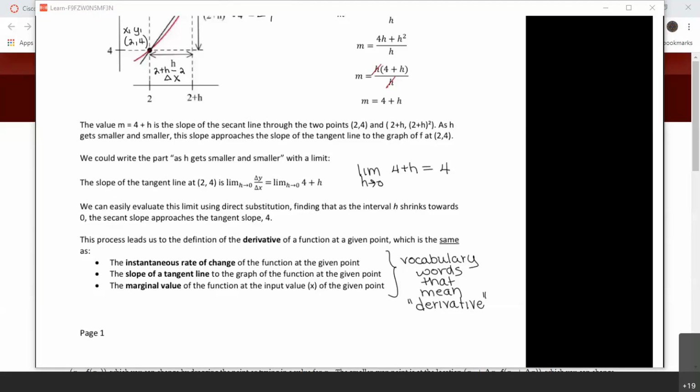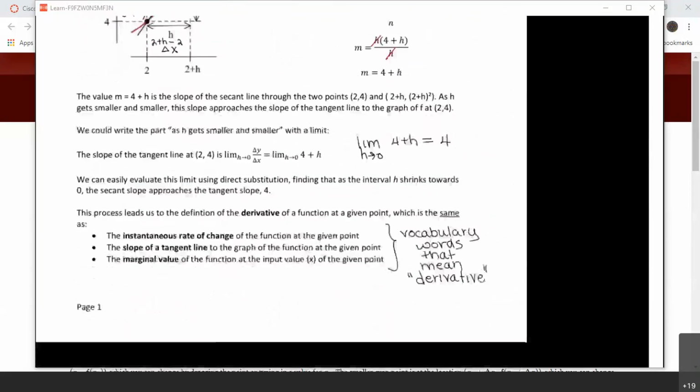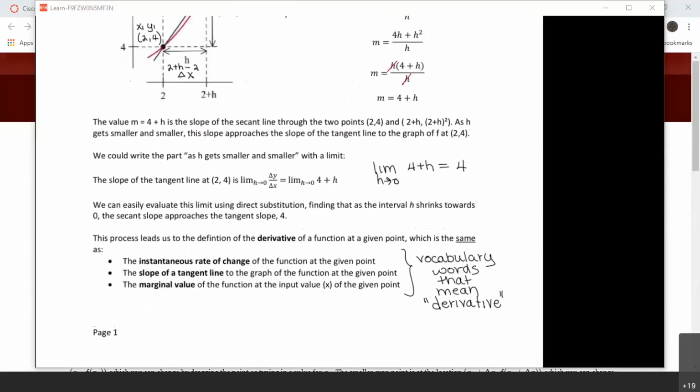Now, another thing I want you to understand before we move on, and I'll put it down here: the derivative of a function at an x value.